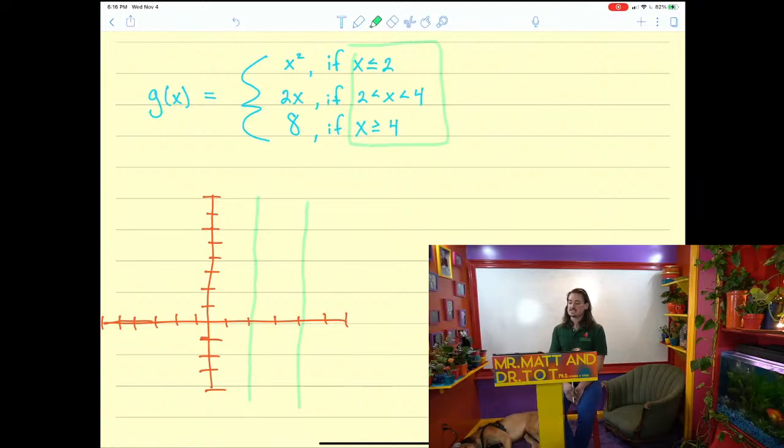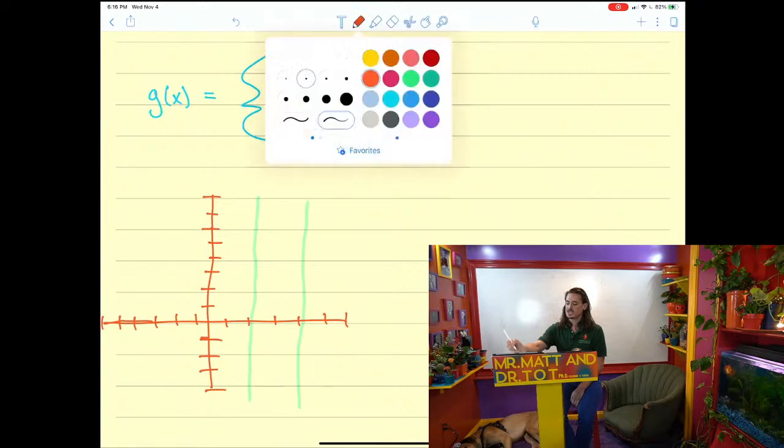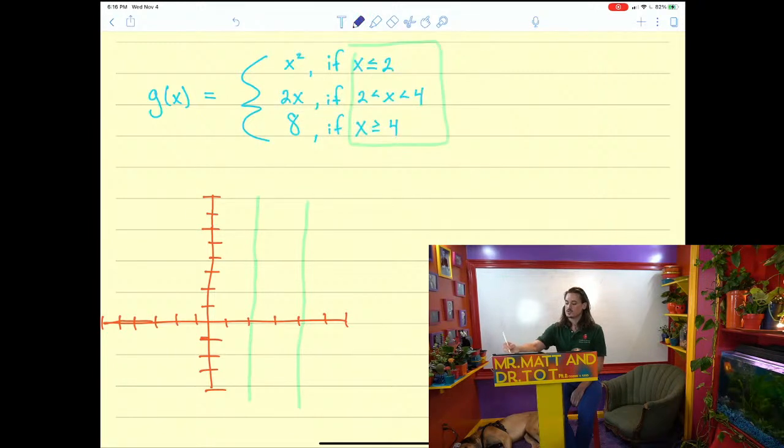So when x is less than positive 2, we're talking about the function x squared. And what you can do is just draw a little table here. So if we're talking about y is equal to x squared, and we just want to get a few values. So let's say when x is equal to negative 4, when it's equal to negative 2, 0, and then we need to know what it's equal to at positive 2.